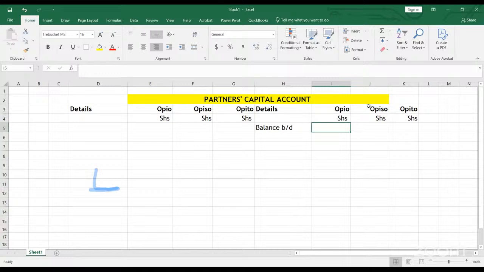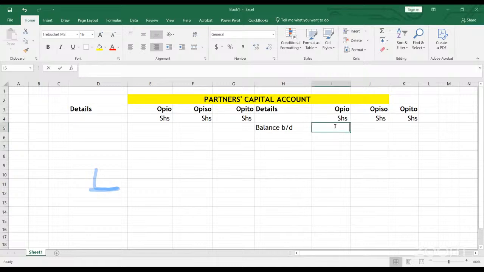How much is the capital for Opo, members? 28 million.